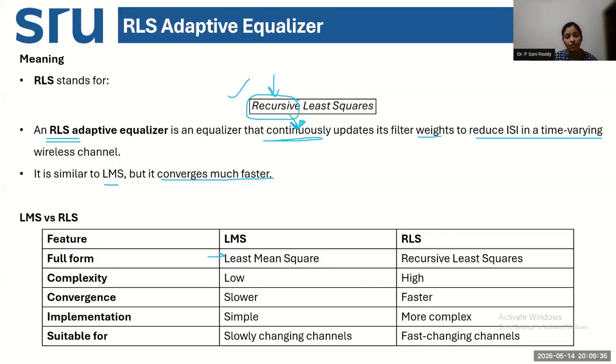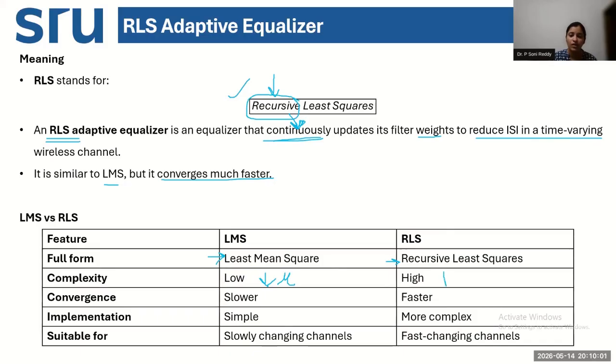LMS means least mean square error, and RLS is the recursive least square algorithm. In terms of complexity, LMS is lower in complexity because it does not do much change. It is using a constant step size factor. If the channel is slowly changing, it will use a small size of mu. So the step factor is the only factor being used here.